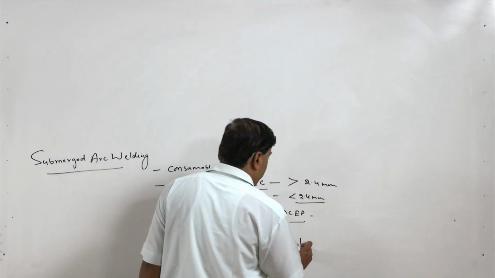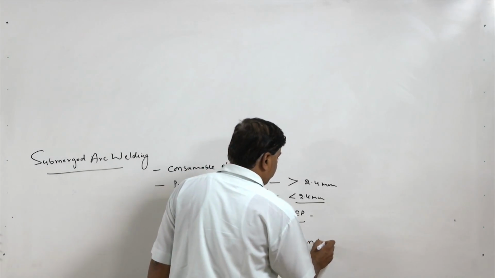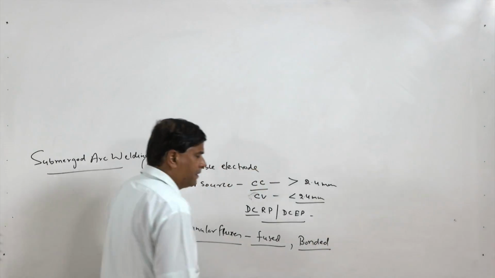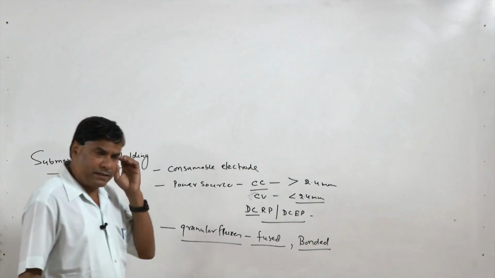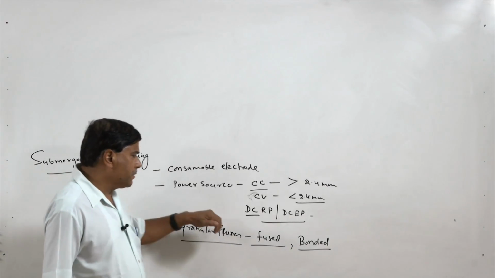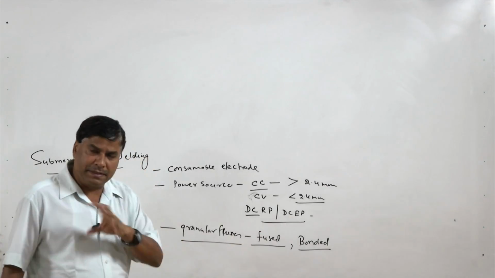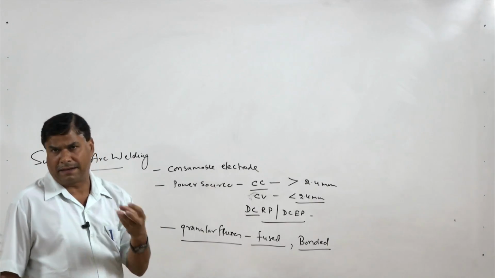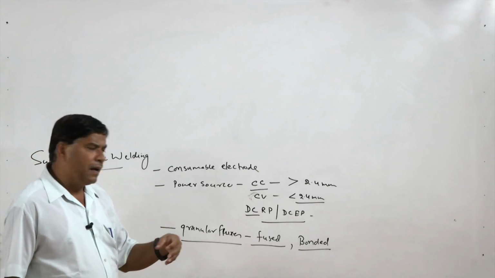Another is the bonded fluxes. Bonded fluxes are the ceramic based fluxes, which are similar to the fused fluxes. In case of fused fluxes, all the constituents are fused and then they are crushed, powdered, graded, and then they are used.